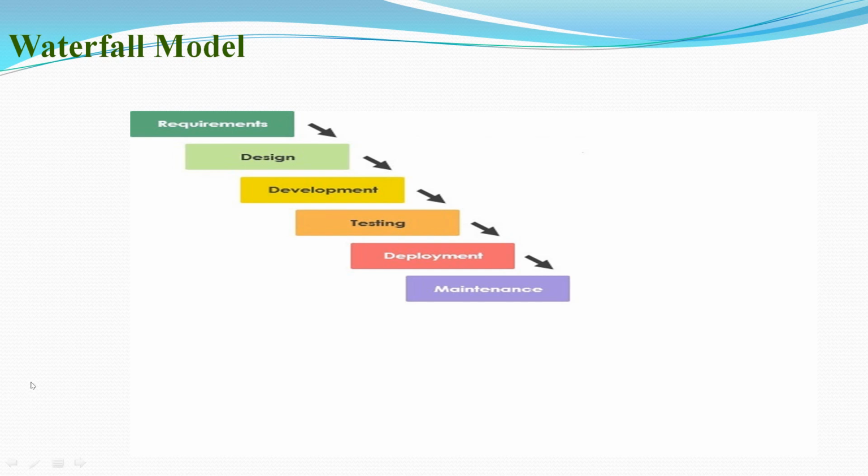Here in this waterfall model, we have the stages like requirements gathering, design, development, testing, deployment, and maintenance. So these are all the different stages in the waterfall model. Now each and every stage, phase or milestone of the waterfall model is easily understandable.